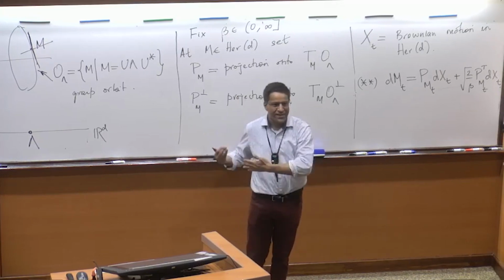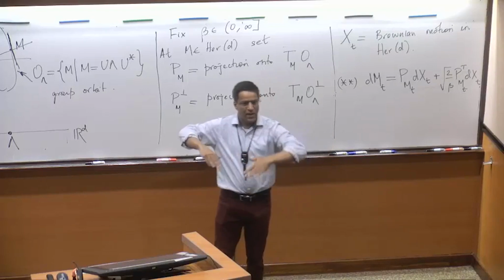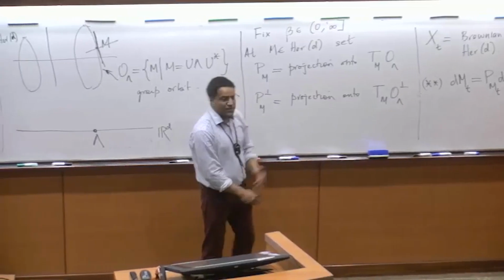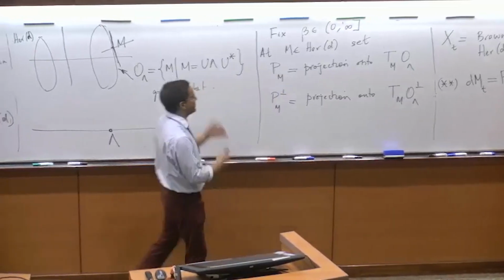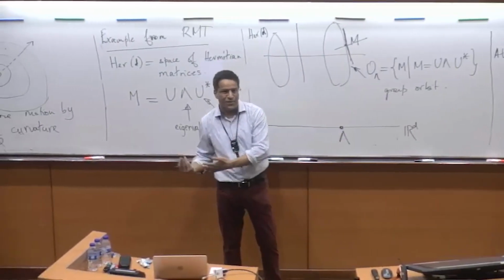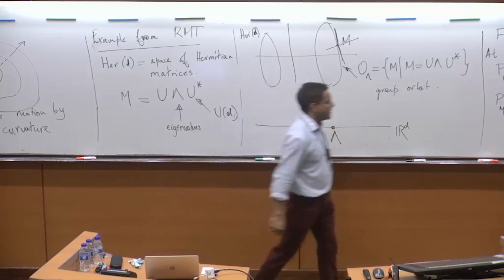And of course, the insight from the circle is that if you've got noise in the tangent directions, then it gives you a curvature effect, a mean curvature effect in the normal directions. And so now we're looking at a matrix version of it. So we've taken the matrix space, we've foliated by a group action, just like you can think about the sphere as being obtained by quotienting by a group action, and we want to understand what happens over here.